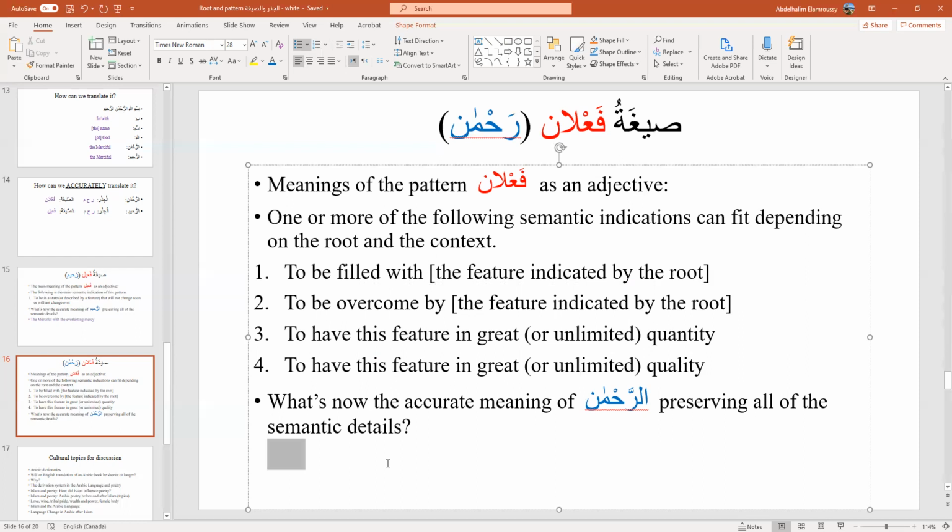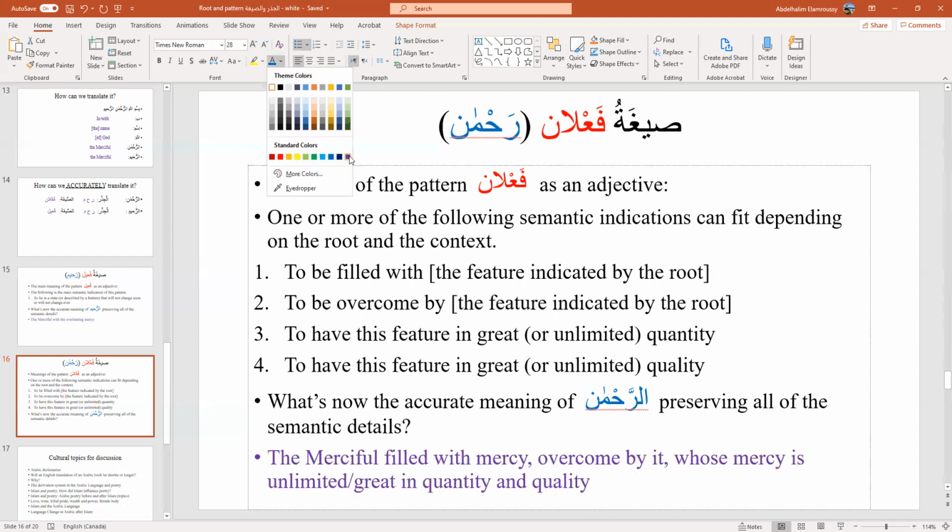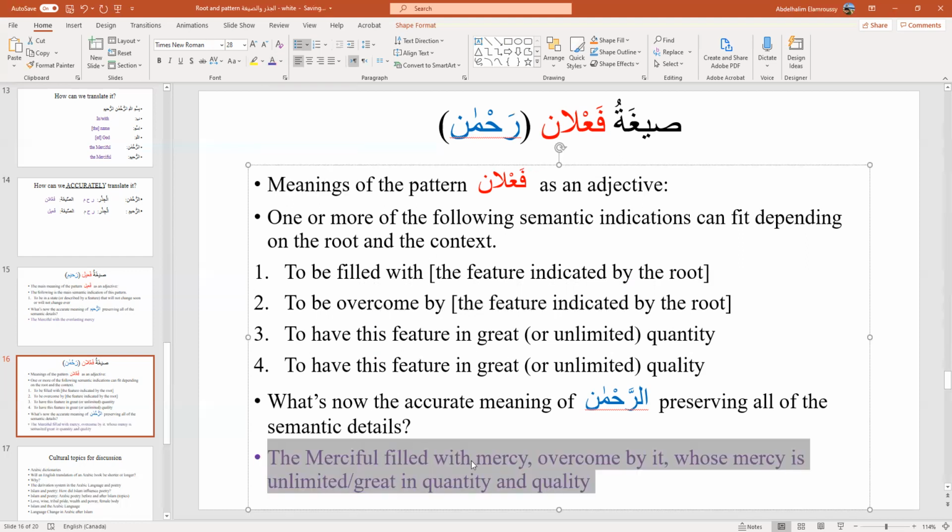So if you like to translate this one word, it will be translated as the merciful, filled with mercy, overcome by it, whose mercy is unlimited or great in quantity and quality. So that's how you can translate it.